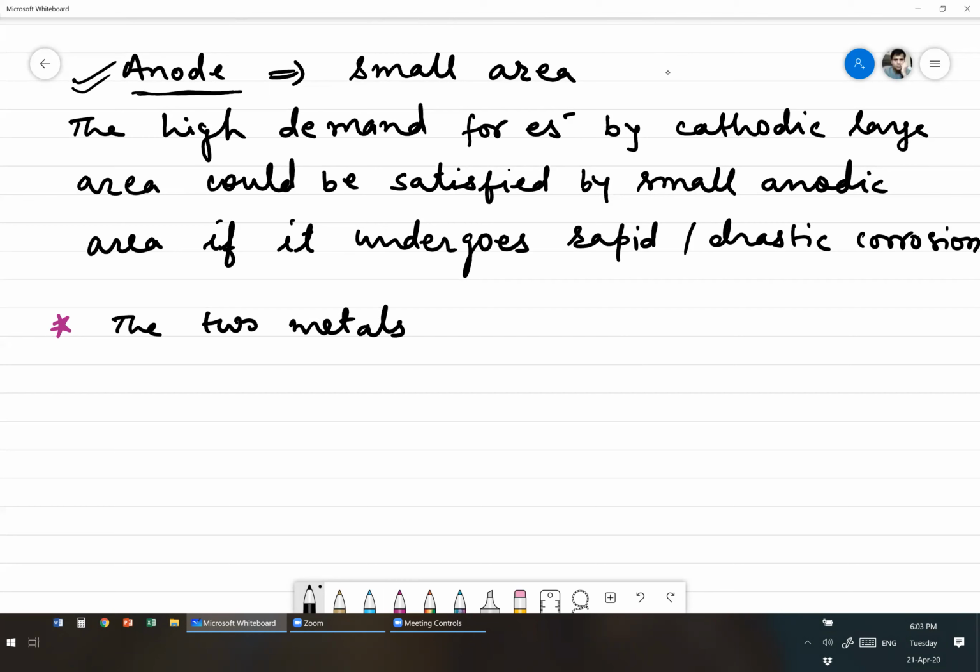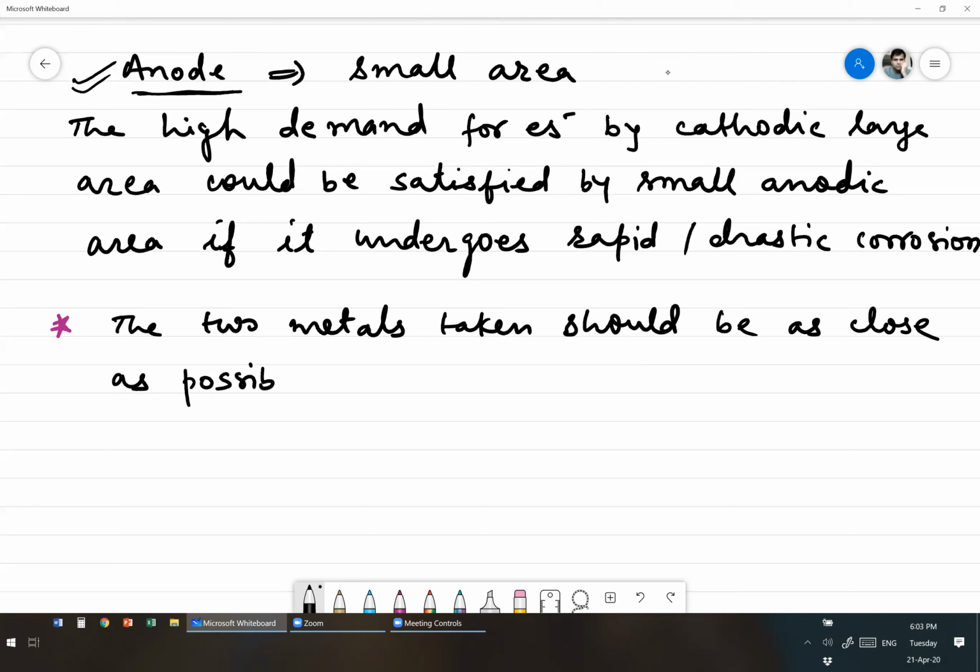So the position of the metals in the electrochemical series also matters here. The two metals taken should be as close as possible in the electrochemical series or galvanic series.